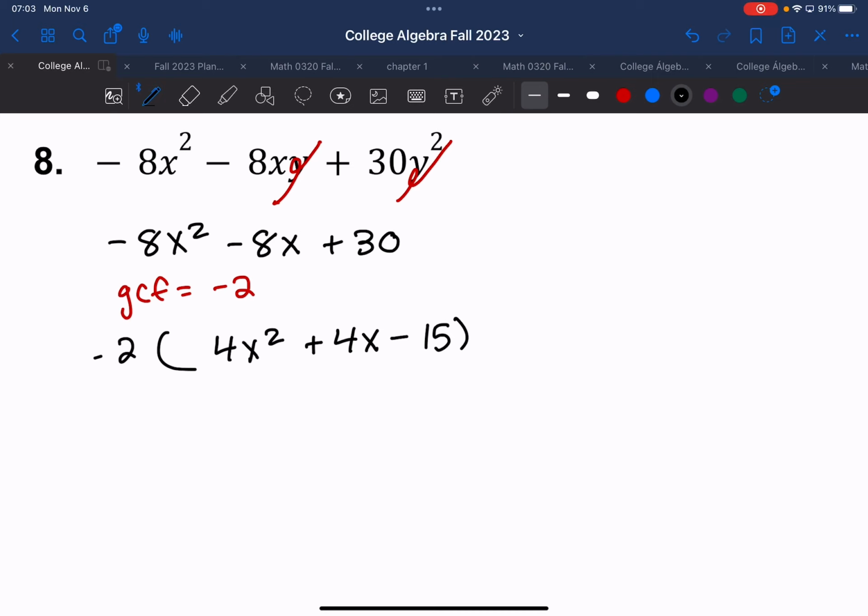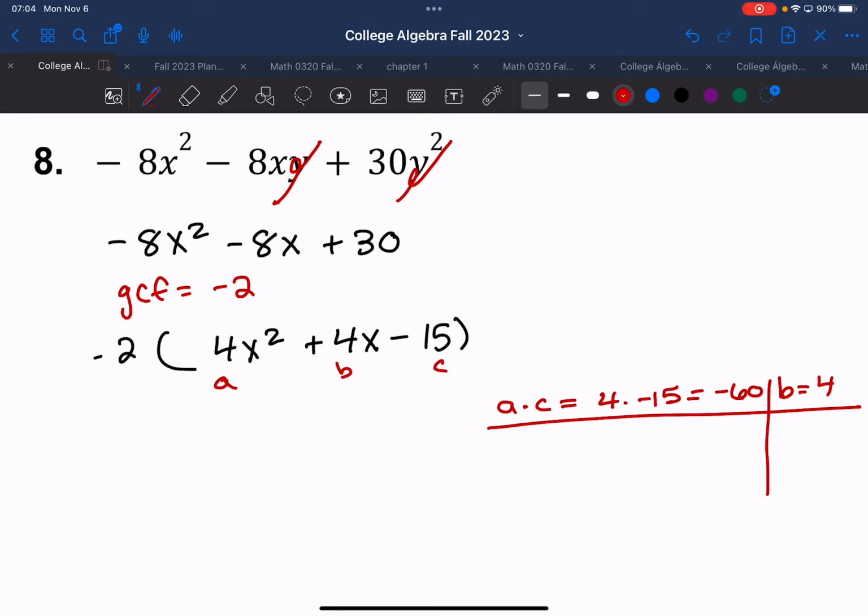Okay, so now looking at the parentheses, we have our A, B, and C value. So A times C is going to be 4 times negative 15, which is negative 60. And our B value is 4. So we need two numbers that multiply to negative 60 but add to 4. 10 and what?